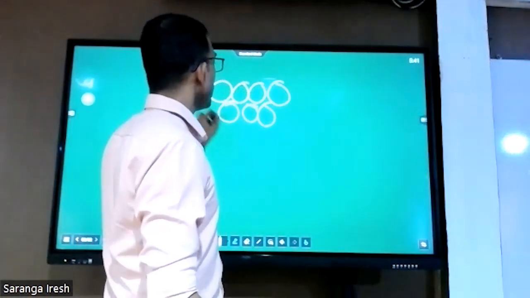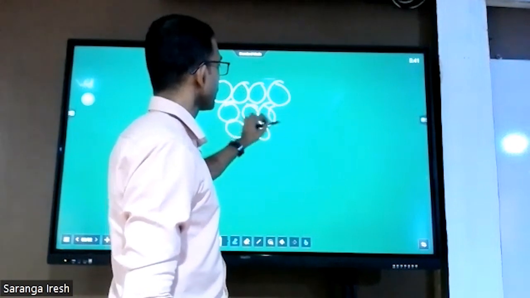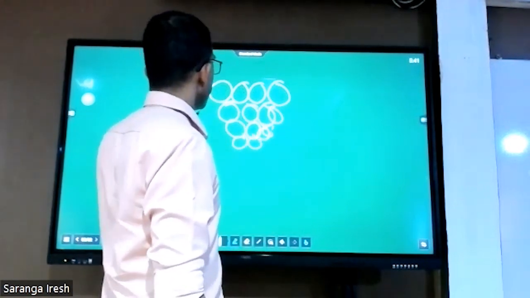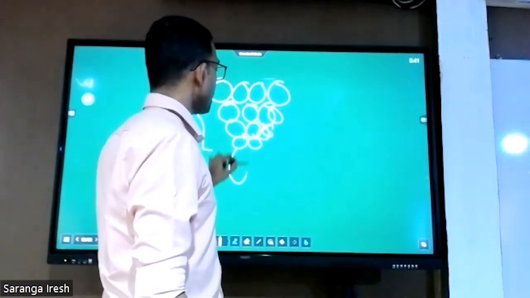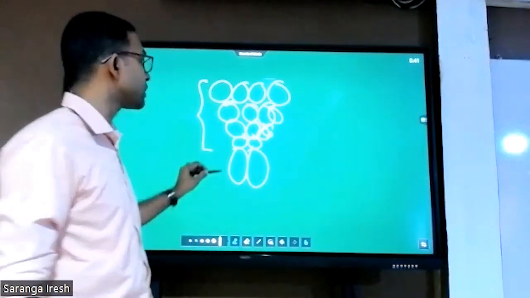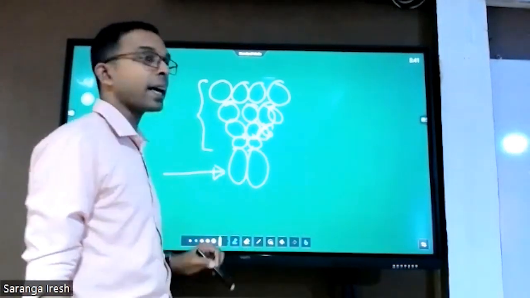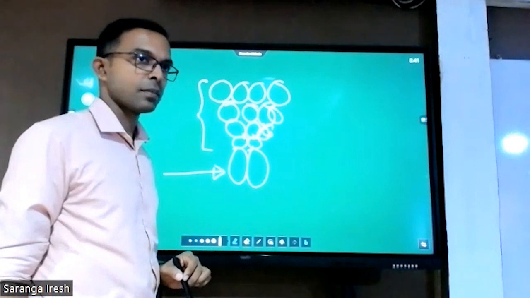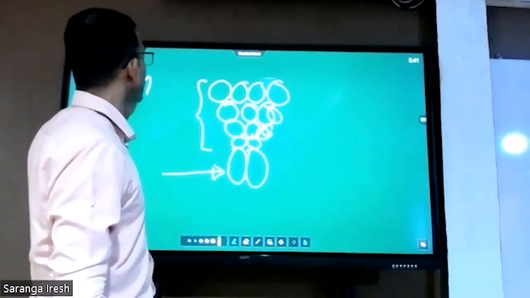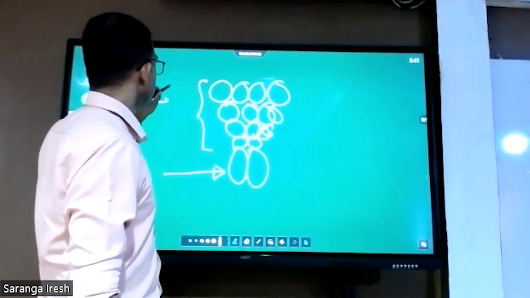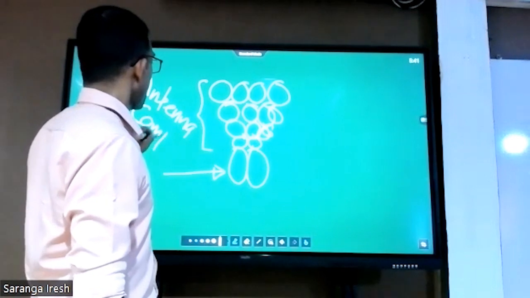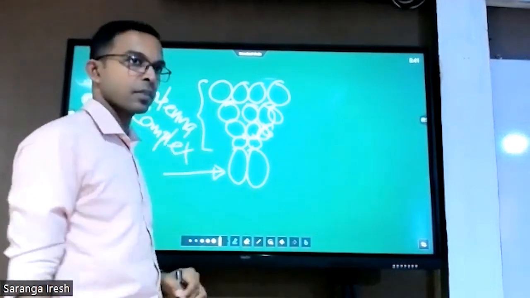These pigments are called accessory pigments. The accessory pigments are arranged in a set, and at the bottom of those accessory pigments, there are two chlorophyll pigments arranged, which is called the reaction center. The arrangement of the accessory pigments is named the antenna complex.